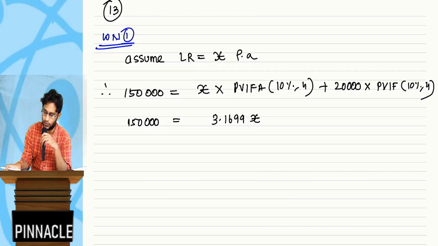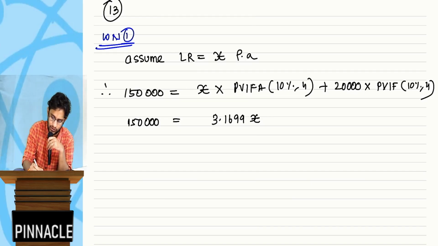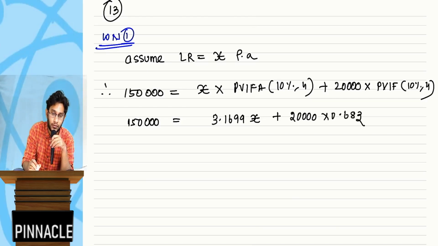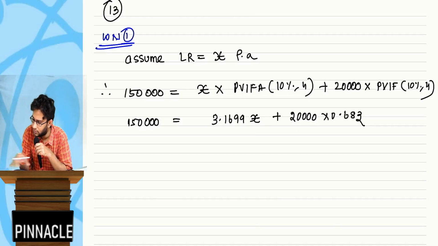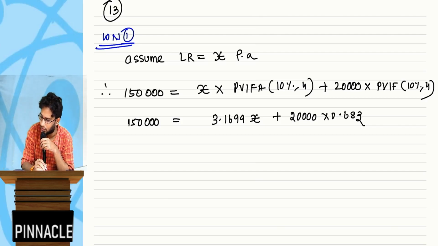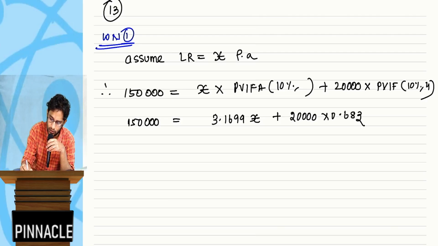That fellow wrote 3.1697, but leave him, he's wrong. 20,000 into 0.683 anyway. Which one here? Lease is not for 4. Lease is for 3. Useful life is 4 years. Lease is only for 3 years. True, sir, my mistake. Correct, so here you should take only 3.